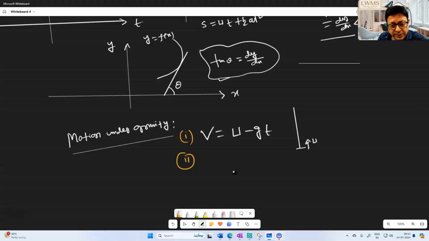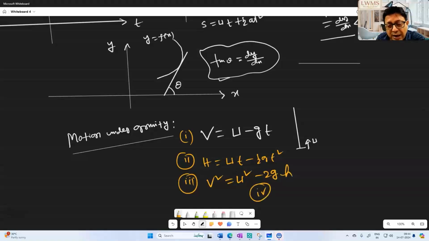Even this one, h equal to ut minus half gt square, and v square equal to u square minus 2gh, and the distance travelled, height travelled in the tth second, h_t equal to u, no, not plus, for upward motion it will be u minus half g into 2t minus 1.